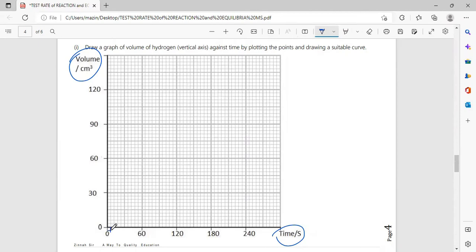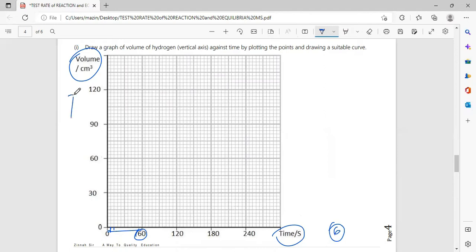This is a single unit in the graph. Here are 10 units. 10 units together is 60. So the value of every unit here is 6 seconds. If you divide 60 by 10, you get 6. Here is 6, here is 12, like this.